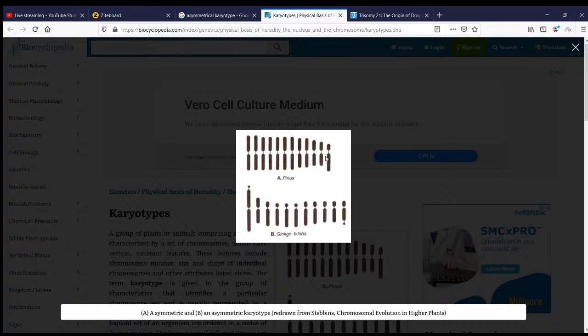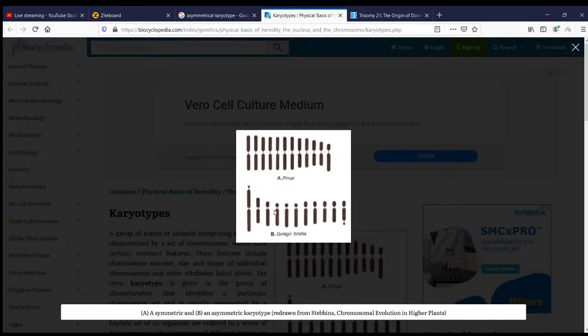Coming to Ginkgo biloba, this is a plant. Here you see one submetacentric only. The rest are either telocentric or submetacentric, and there is a huge difference between the largest chromosome and the smallest chromosome. This is the smallest chromosome.